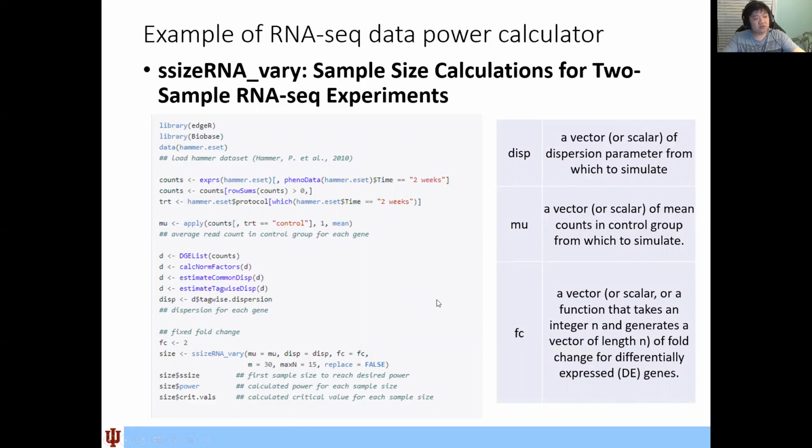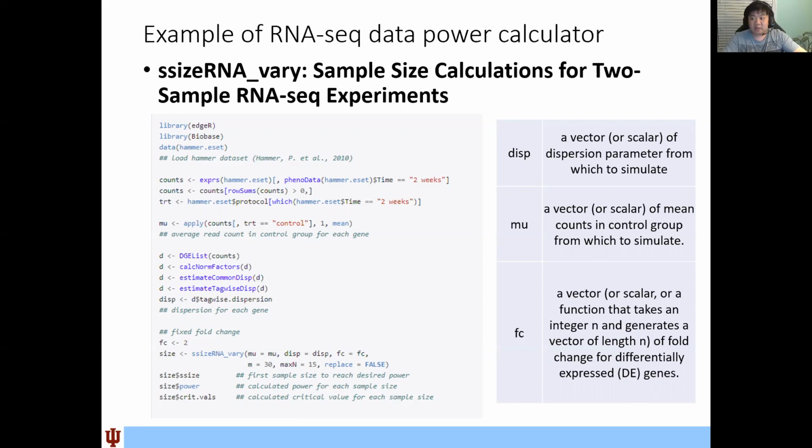From these two examples, we can see that these two different methods are both for edgeR based differential gene expression tests, but they have very different assumptions, and we need a different set of parameters.